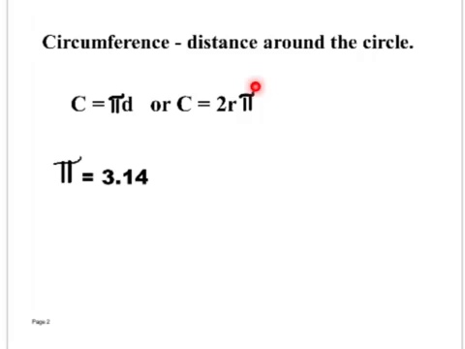Pi is 3.14, and this is what we're going to use, 3.14. It actually is 3.14159265535 and on, as you can see at the back of the room. Pi is a ratio of circumference to diameter.